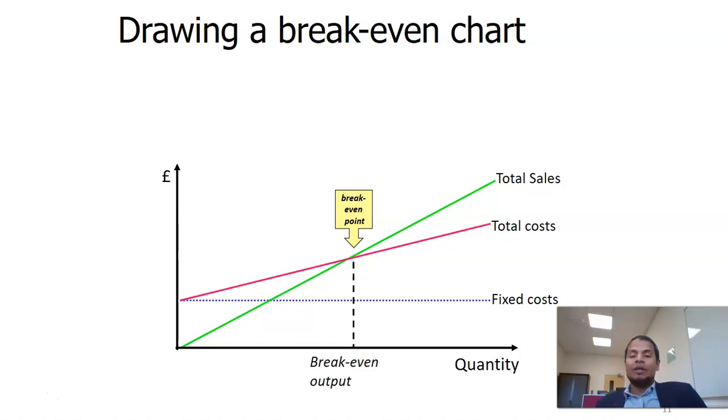And if you draw a line from the break-even point to the vertical axis, you will find the break-even level of revenue or sales amount. Break-even sales.